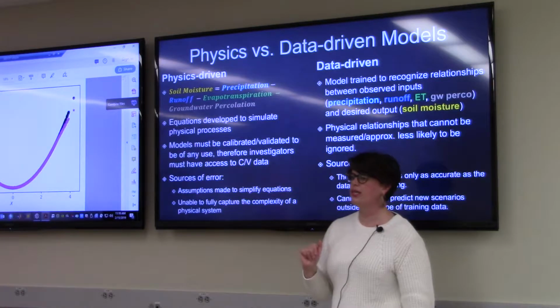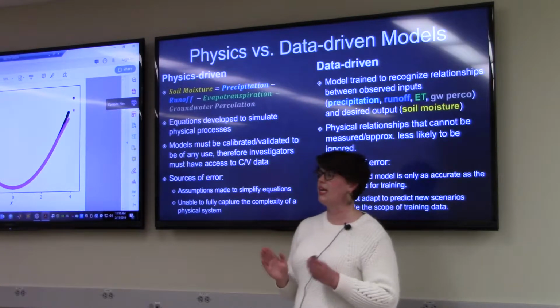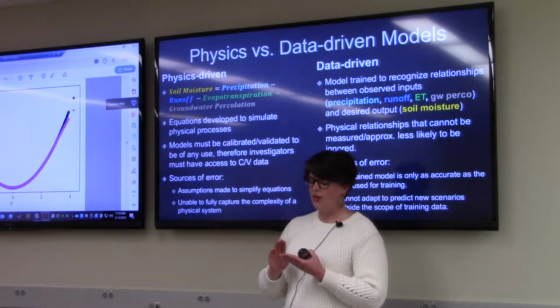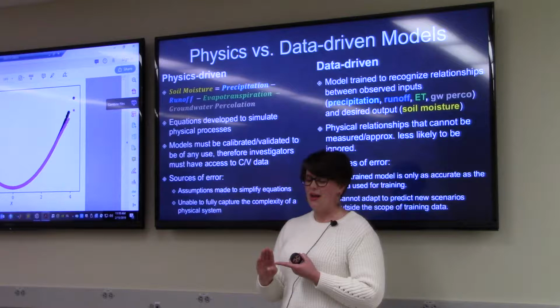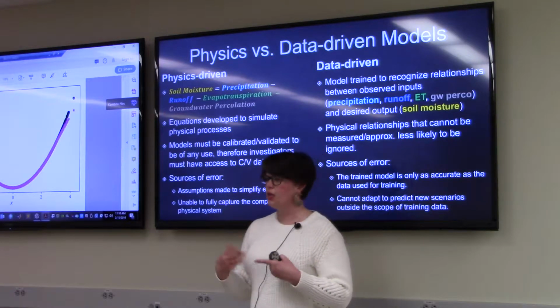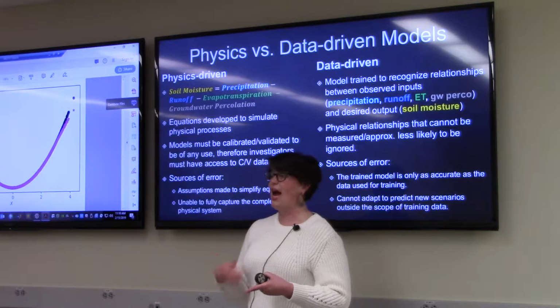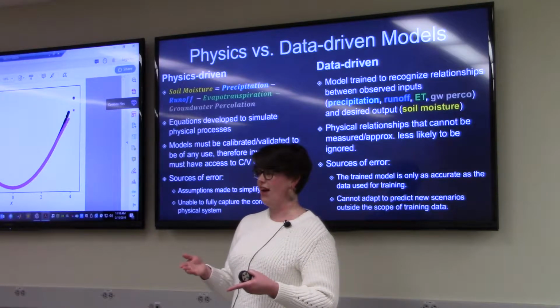But what I've also done is I've put in some simplifications in order to make that equation solvable, in the sense that I need to have variables that I could actually measure or quantify.